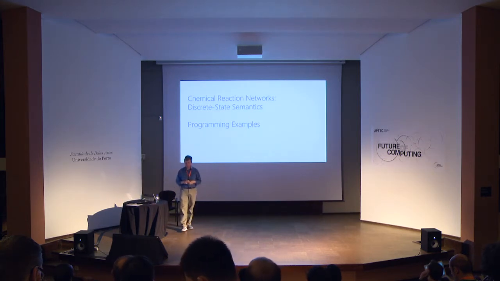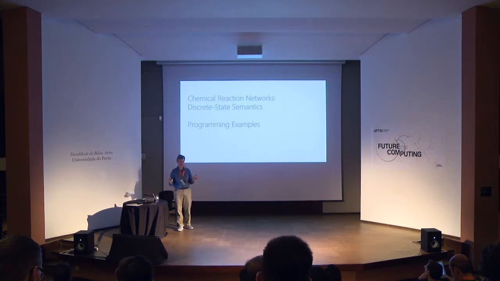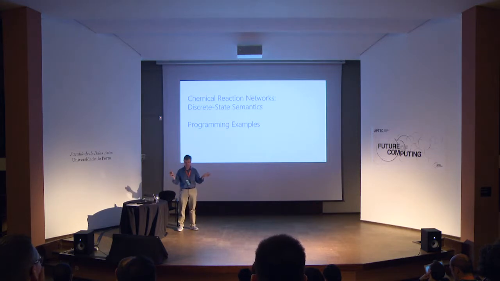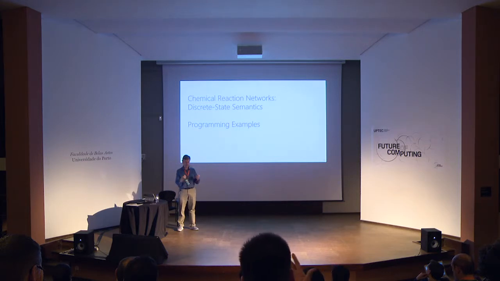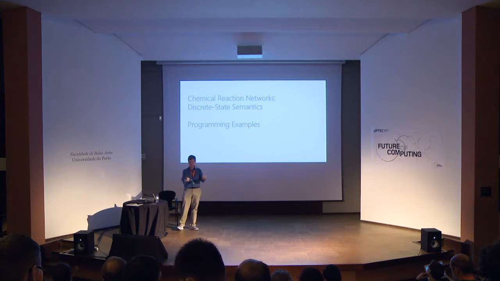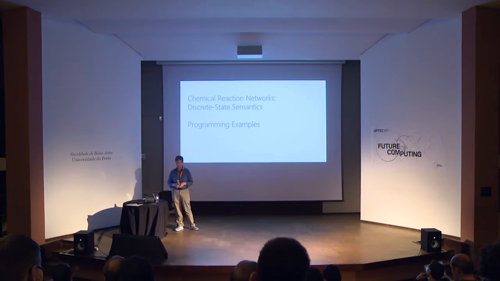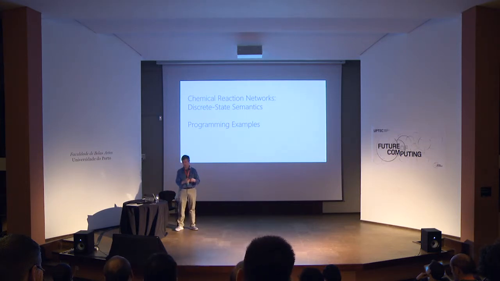Here you believe in the atomic theory of matter, that atoms are discrete entities. They're not continuous things. There is a number of atoms that you can count. And reactions are ones where atoms and molecules collide, one by one, and produce more molecules on the other side. So everything is countable, it's discrete. That's why it's called discrete state semantics.